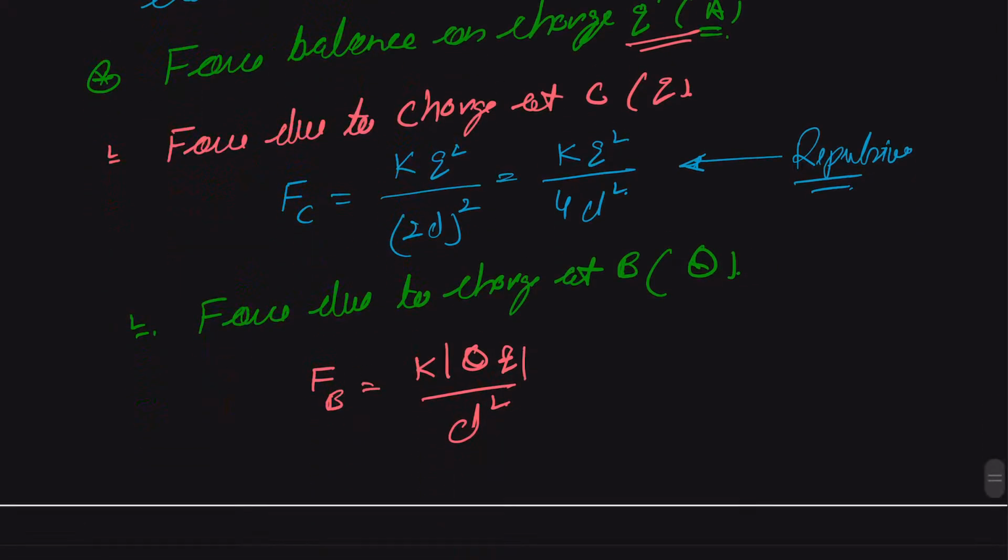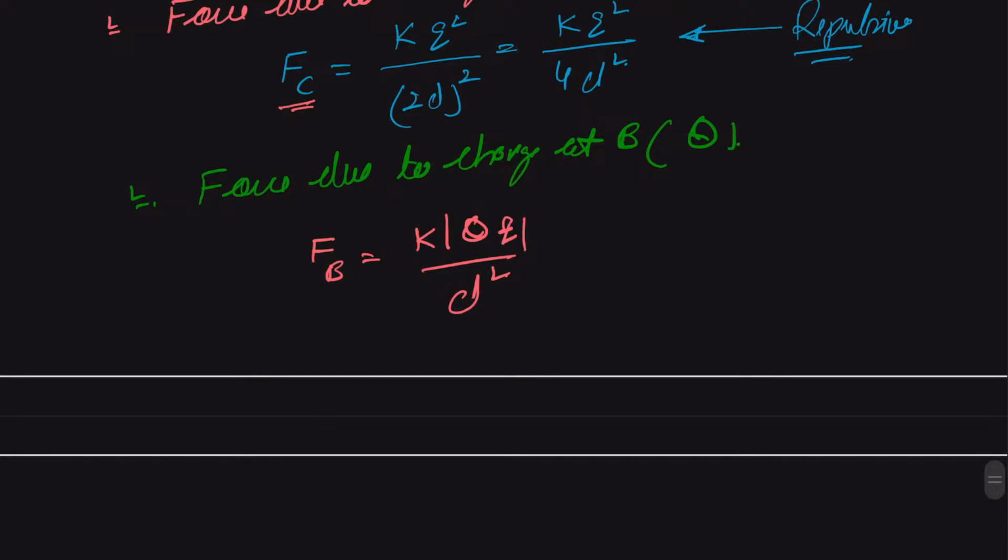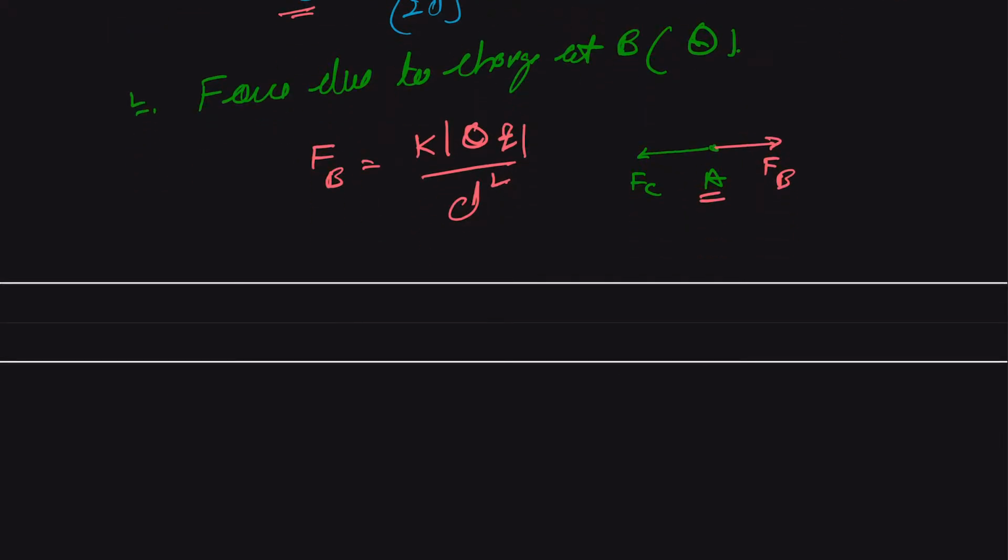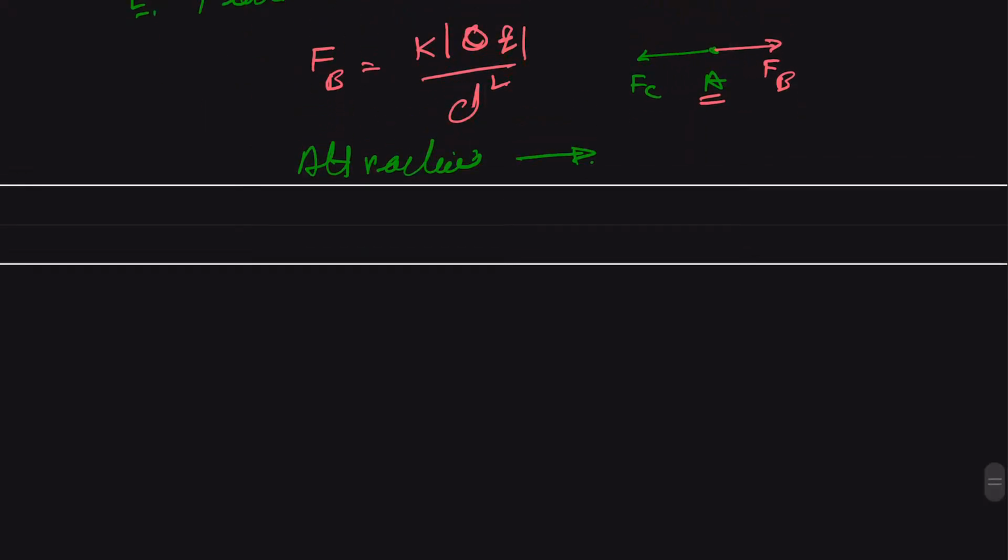Okay. So it means because of this, let me draw it here. So this is our charge A, and the force because of charge C is Fc towards the left. Therefore, the force because of this Fb should be towards the right, because only then will the net force at A be equal to 0. Okay. So this Fb will be attractive. Okay. And it will be towards the right side. And so we can easily use the equilibrium condition.